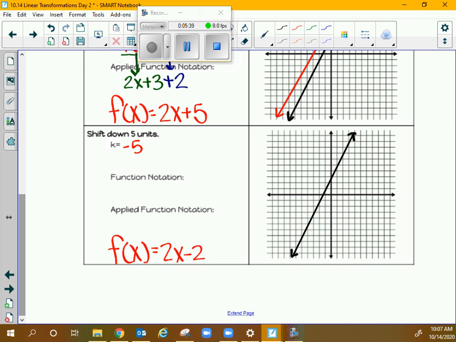Negative 5, and my function rule would be f of x minus 5. For the application, replace f of x with your function, 2x plus 3, and the minus 5 gets tacked on, which is where 2x minus 2 comes from. I get the same thing, but that is the rule and the application. So go ahead and graph your 2x minus 2 on that graph.